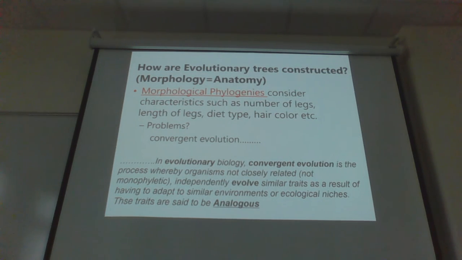So you look at one and the other and say, oh, they have the same structure, wings, so they are very closely related. But are they really, or is there a lot of evolution, a lot of time in between the two? So the caveat here is that if I look at morphology, anatomical structure, I may be very misled. So I have to be careful.